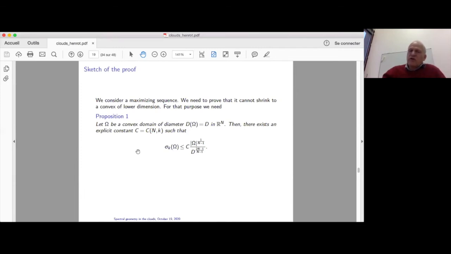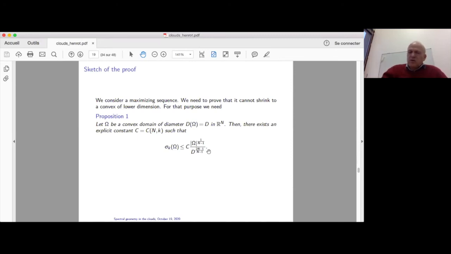What we prove is that for convex domains, you have an estimate from above of sigma k with a constant which is completely explicit. I can give you the value of this constant depending on n and k. It involves the Wallis integral and so on. It is an estimate from above involving the volume to the power 1 over n minus 1 and the diameter to the power (2n minus 1) over (n minus 1).